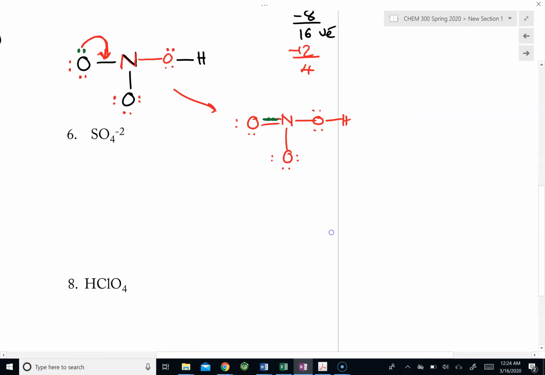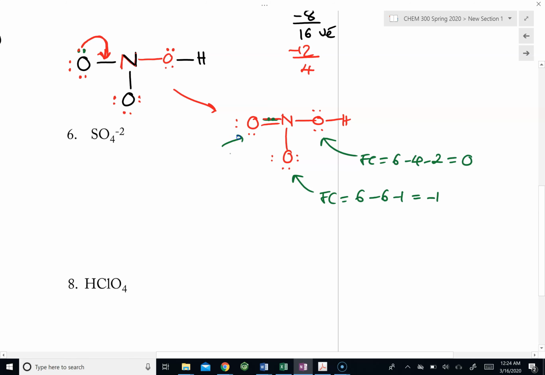So the next step now would be for us to calculate the formal charges. In this case, the formal charge of this oxygen right here equals 6 minus 4 minus 2 equals 0. And as for this oxygen right here, its FC equals 6 minus 7 equals negative 1.